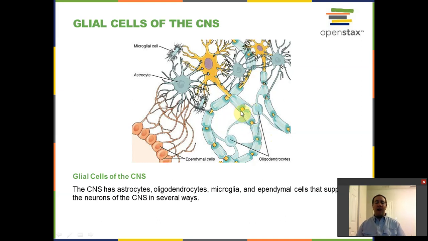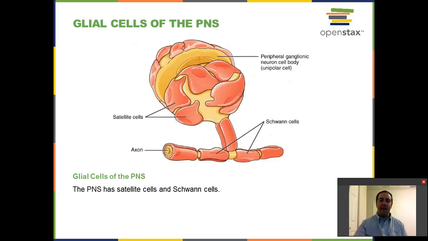But notice here the oligodendrocyte looks like an octopus with multiple tentacles reaching out, and the tentacles wrap around the axons. That is opposed to the Schwann cells in the peripheral nervous system. In the peripheral nervous system here, each of these pink rolls wrapped around the axon is a single Schwann cell.